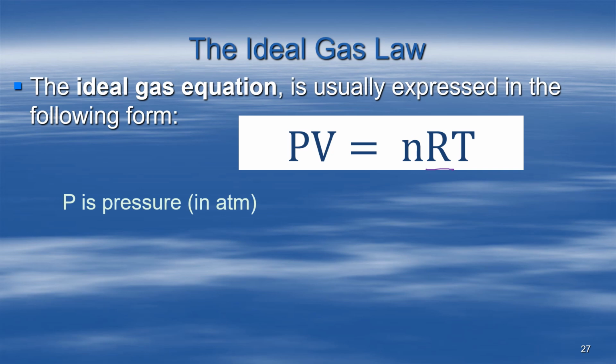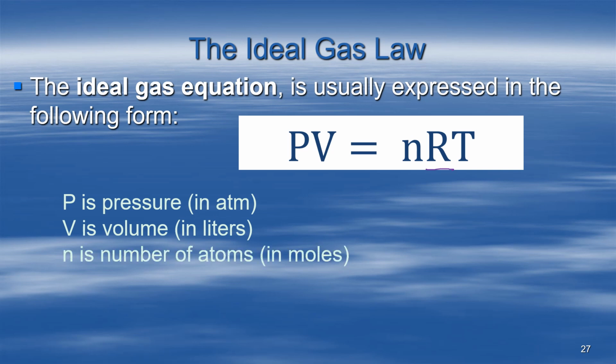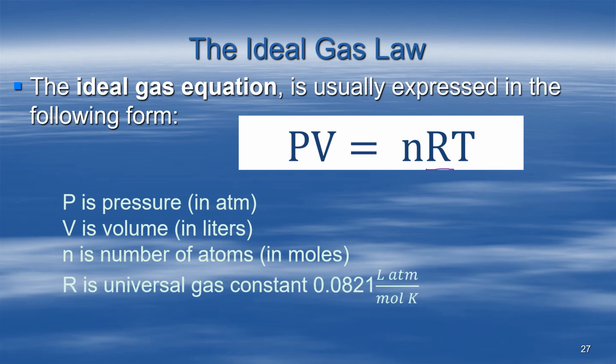You have to convert to atmospheres if you're not given it already. Volume has to be in liters, again, because R is in terms of liters. N is the number of atoms, and we use moles as our unit. And then R is that number, 0.0821 liters atmosphere divided by mole divided by Kelvin. And then, of course, temperature always has to be in Kelvin.